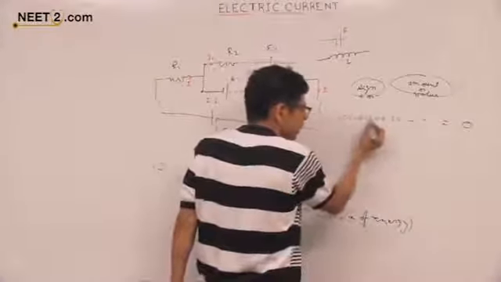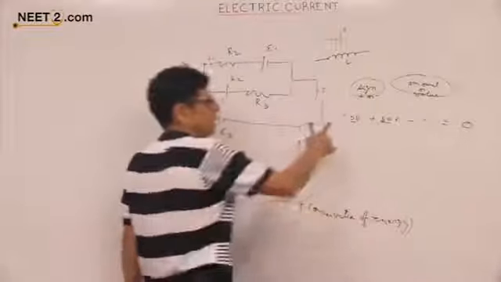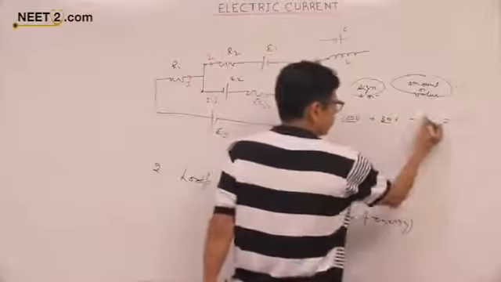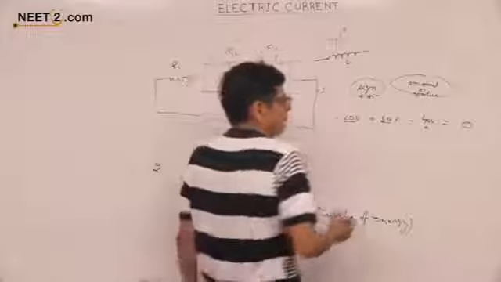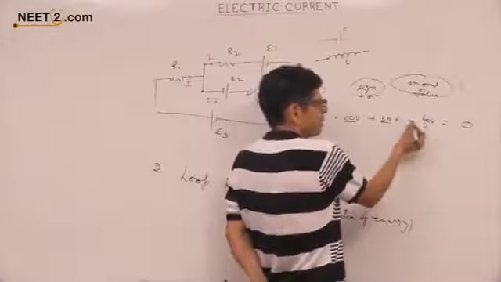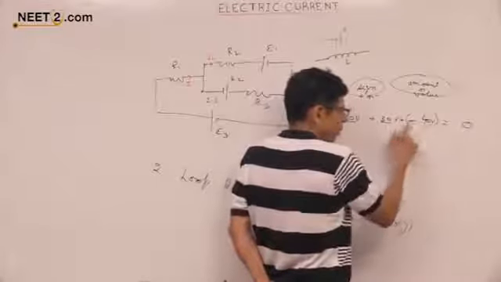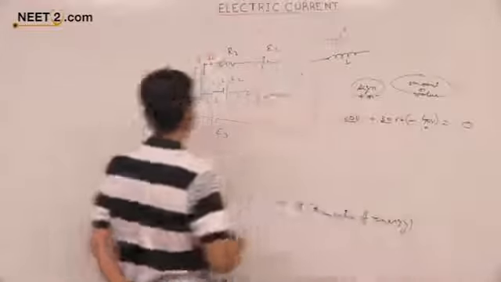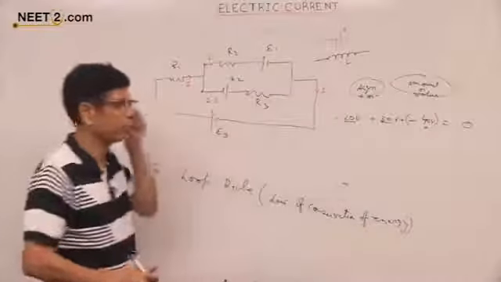Algebraic means this sign and amount. Algebraic sum equals 0. Some terms are positive, others are negative. That's the meaning of algebraic sum.